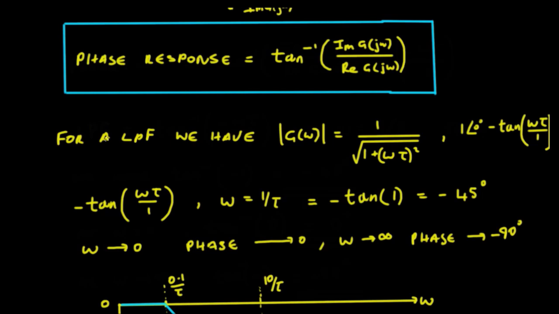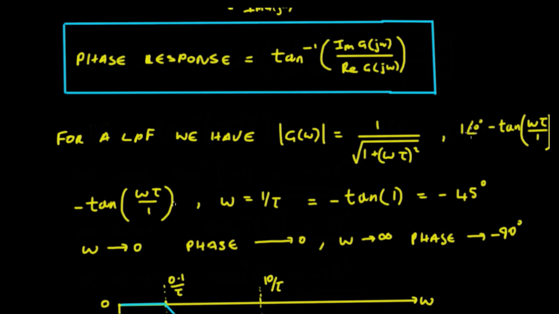So for a low pass filter, we can see that our response g of omega is 1 upon the root of 1 plus omega tau squared. So this is equivalent to saying 1 at an angle of 0 minus the tan of, now the bottom line here, it's going to be our omega tau divided by the real part of it, which is 1.